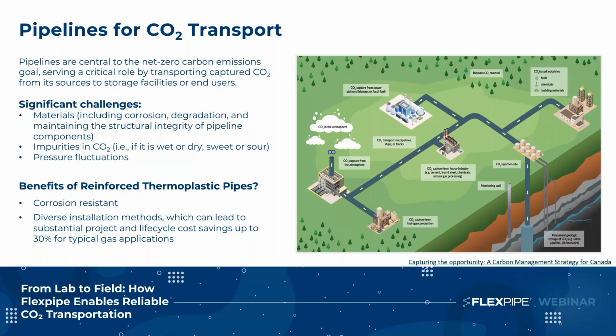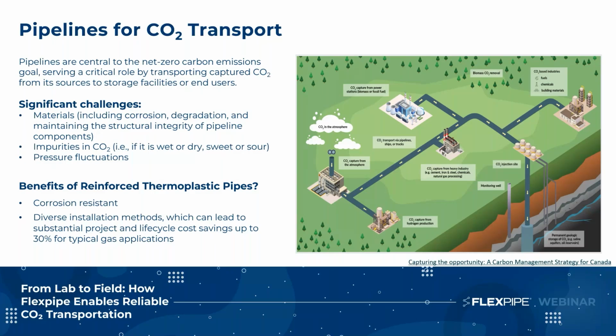The use of RTP pipes also comes with its own challenges, as CO₂ dissolves in polymer liners and weakens the material strength. The dissolved CO₂ permeates through the liner, which leads to annulus pressure buildup, increasing the delamination and failure risks. Impurities and chemicals also result in degradation and swelling of the liner or other polymeric components.